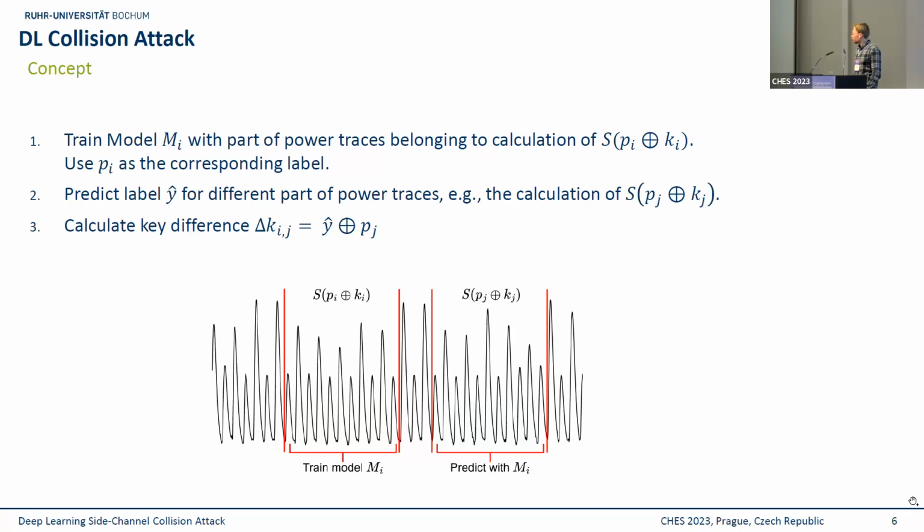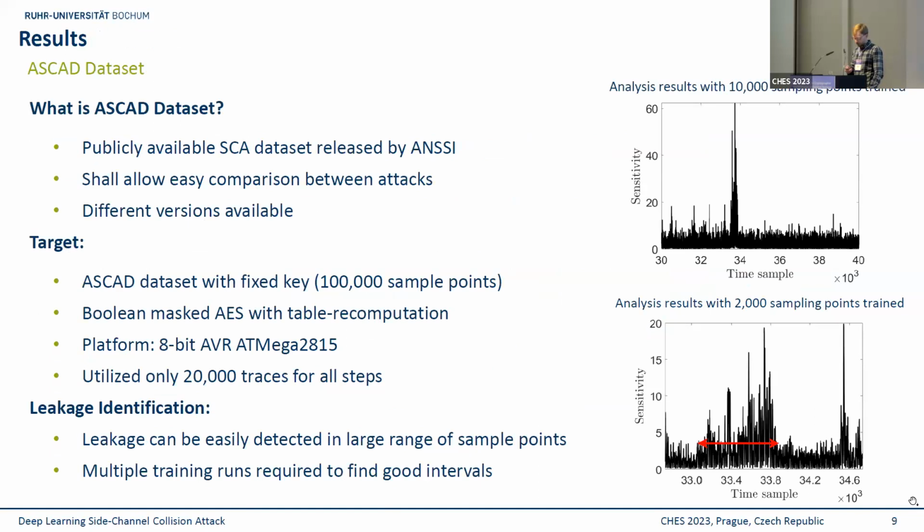Okay, but you say that I don't have any knowledge where exactly I should look, but I will try many different choices, right? At different parts of the trace, you try the same. Yeah, that was the part where we always looked at the sensitivity analysis for 10,000 sample points at a time, and then we observed if we can find a clear peak in the sensitivities, and then we know that the relevant leakage must be located, in this case, for example, after approximately 34,000 sample points.